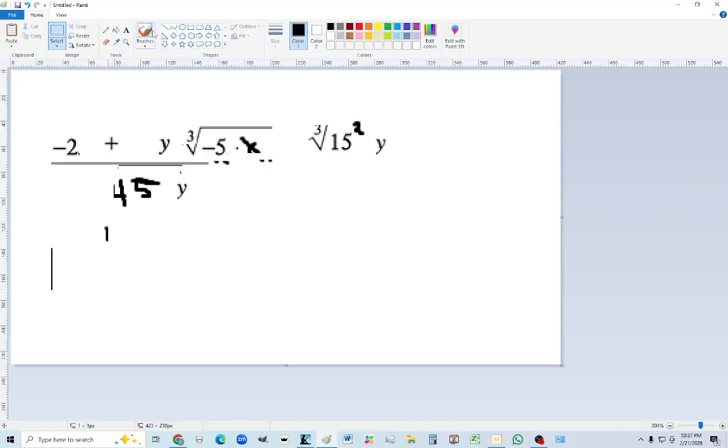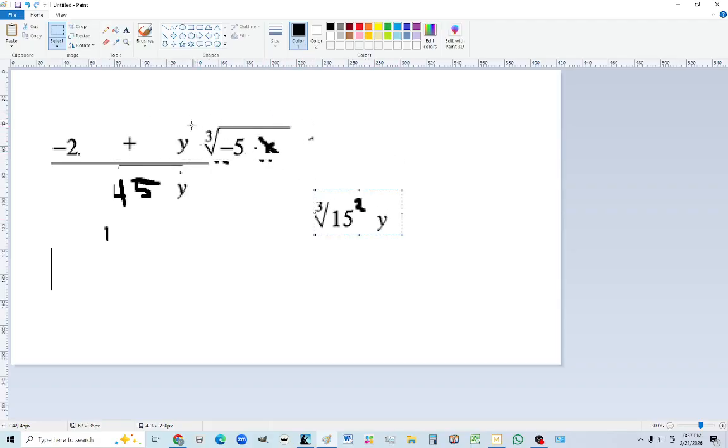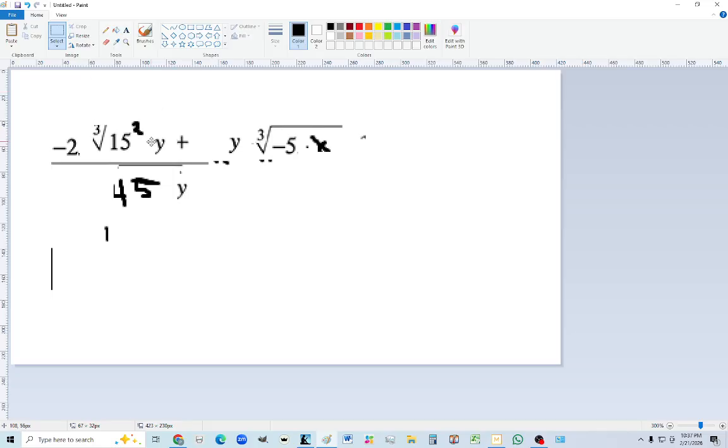Up top, you distribute minus 2 times that, which is probably going to be straightforward. And in here, you're allowed to multiply them individually. Minus 15, it's 15 squared times minus 5.